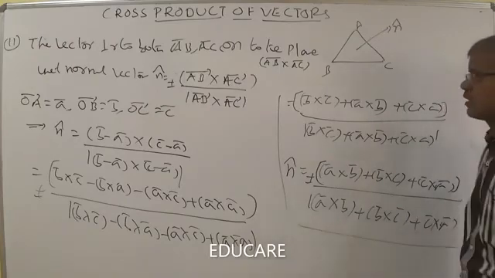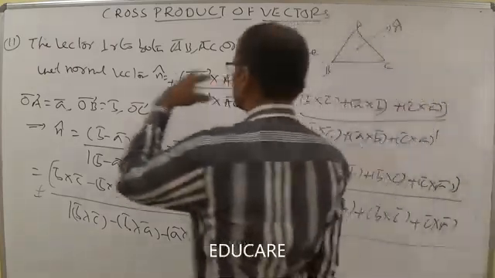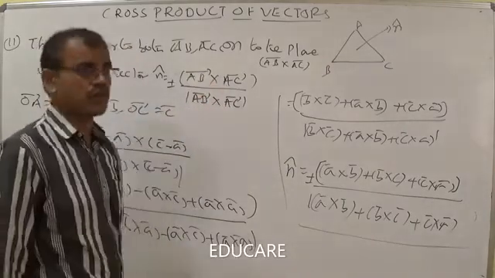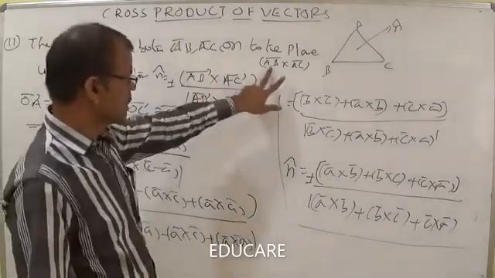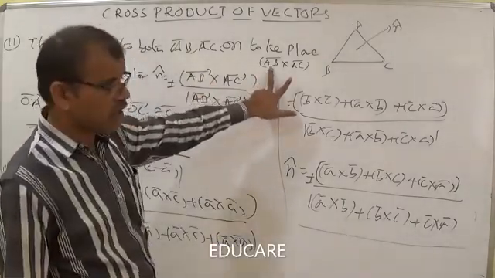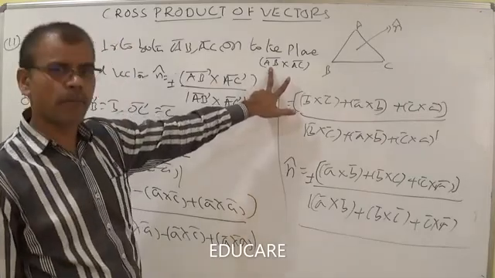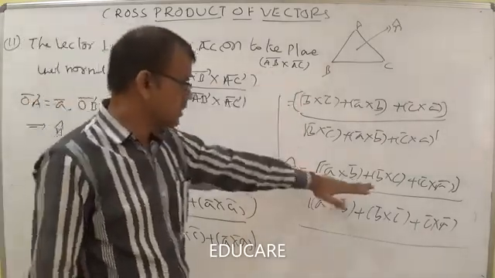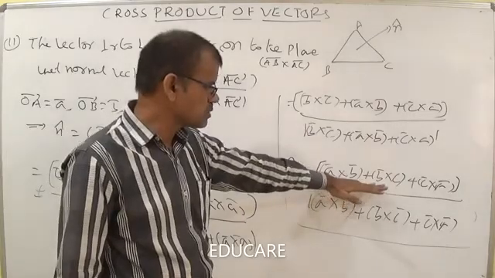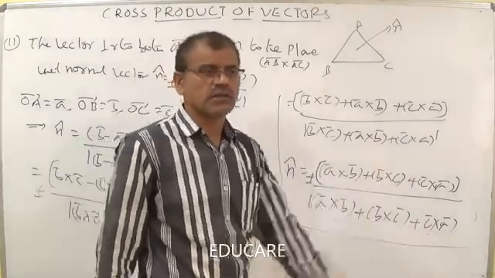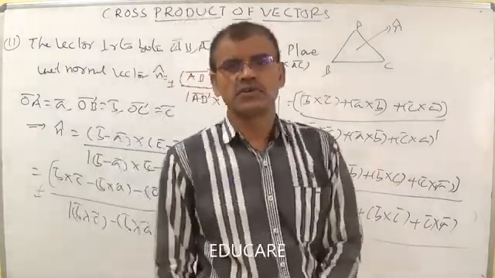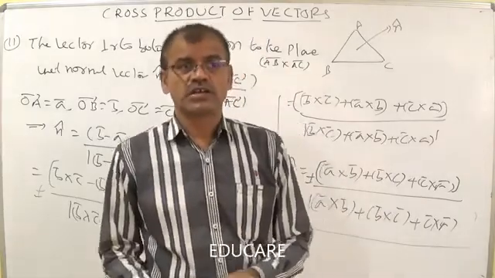If we want to discuss this simply as a vector, not a unit normal vector, the vector perpendicular to the plane is simply A cross B plus B cross C plus C cross A. Okay, let us continue in the next class.